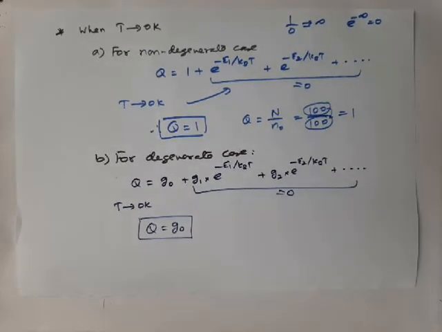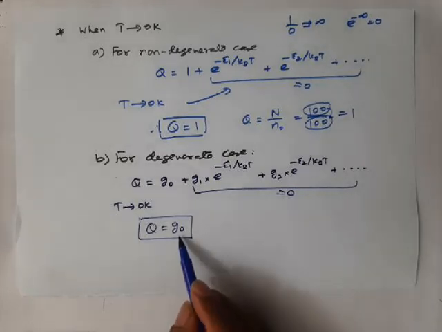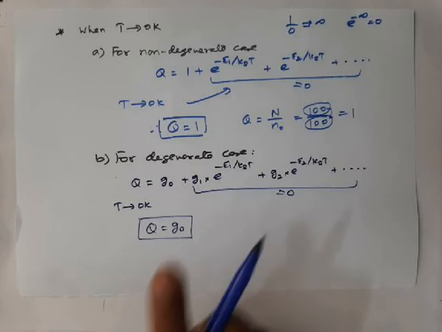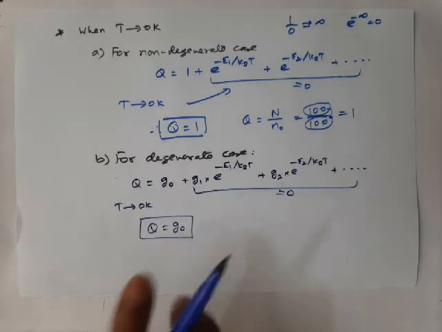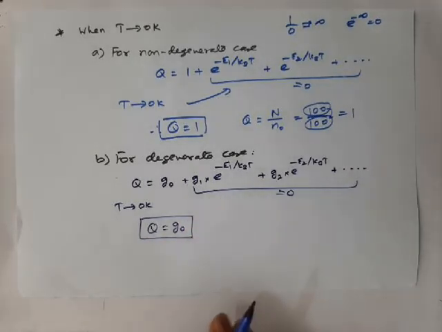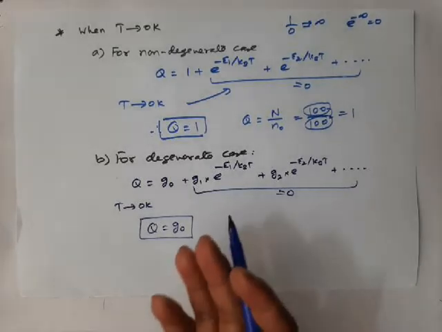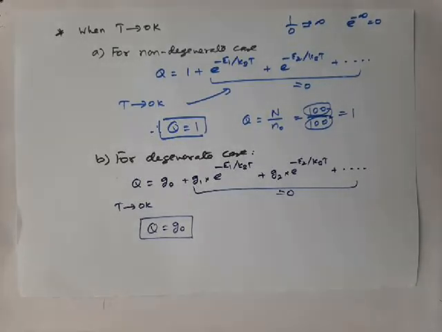We know very well that for most cases the degeneracy of the ground state is 1. So Q is equal to 1 for most cases, but there are a few systems where Q need not be 1, because in those cases the ground level may have some degeneracy.